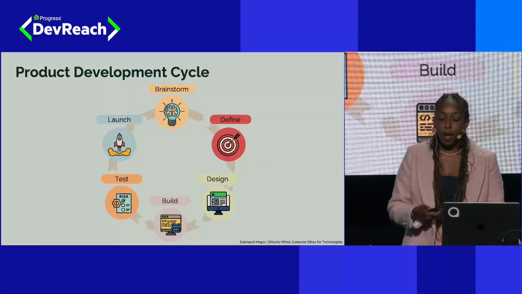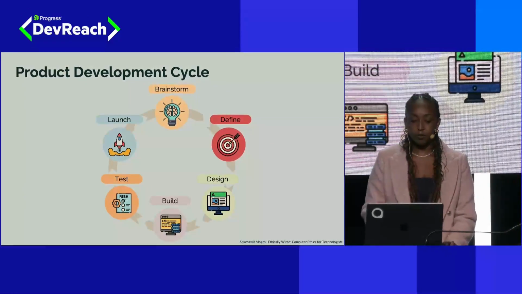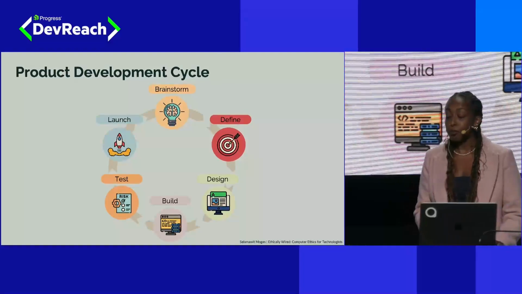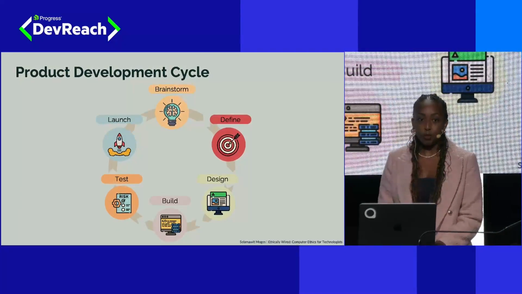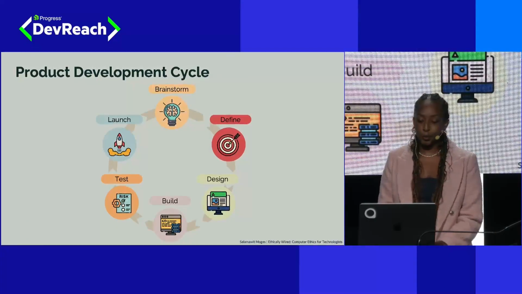Now, let's think about how a lack in ethical decision-making may affect this cycle. And more specifically, let's use bias as an example. So bias can be introduced in the brainstorming phase when we have a homogeneous group of people working on a product to ideally benefit a diverse group.